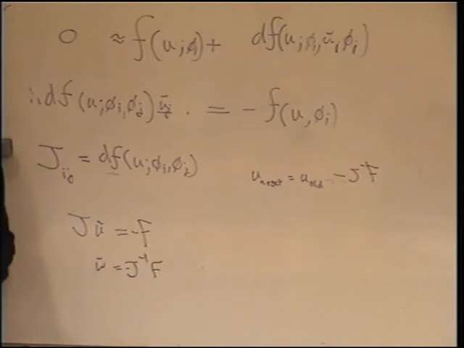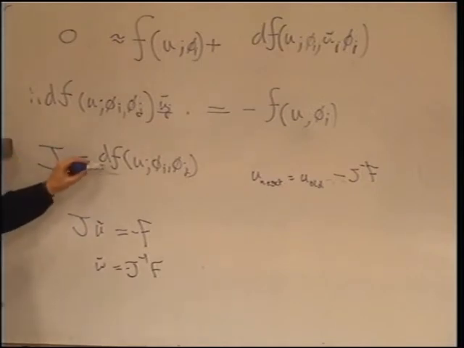But there's another way. The other way is what's known as the matrix-free approach. And under the matrix-free approach, I don't ever build this matrix. What I do instead is I keep around this function.